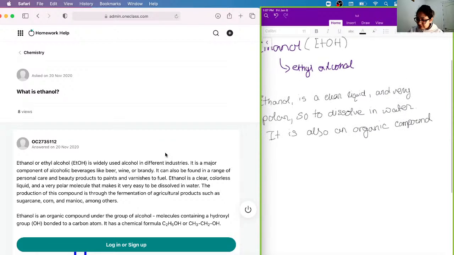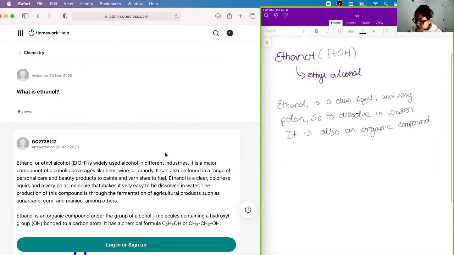So we can derive the chemical formula by knowing that since it is an alcohol, we know that it would have an alcohol group attached to it.